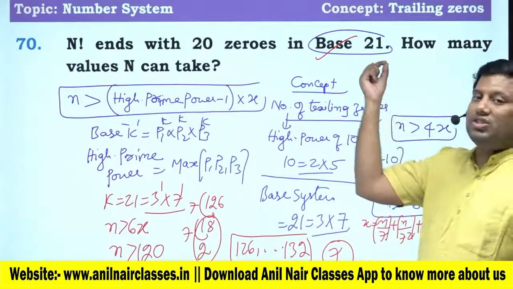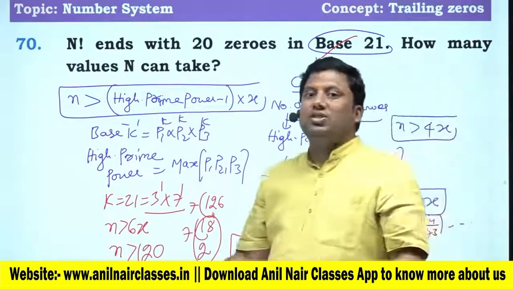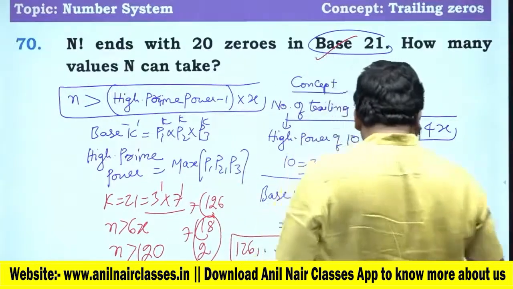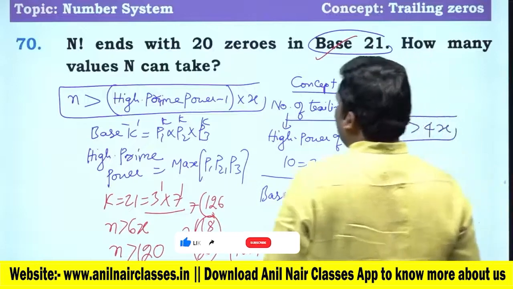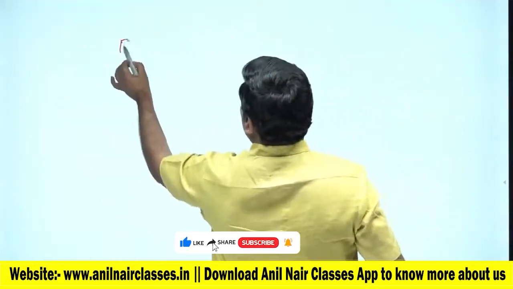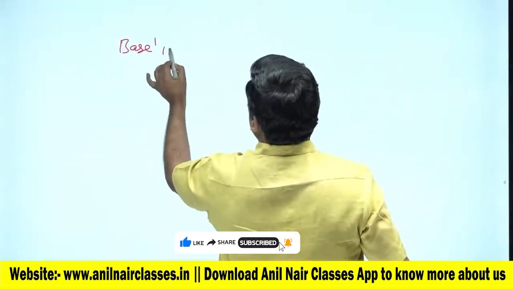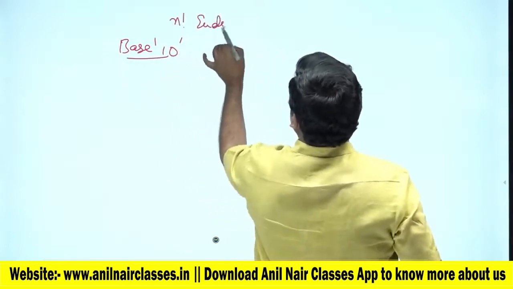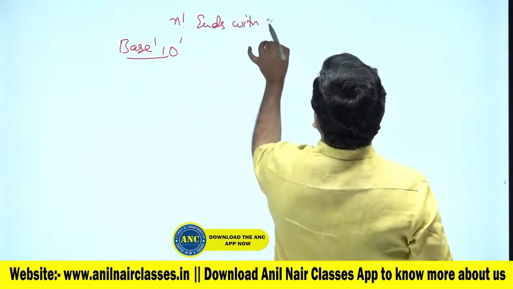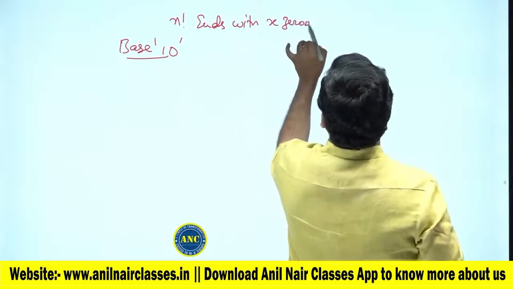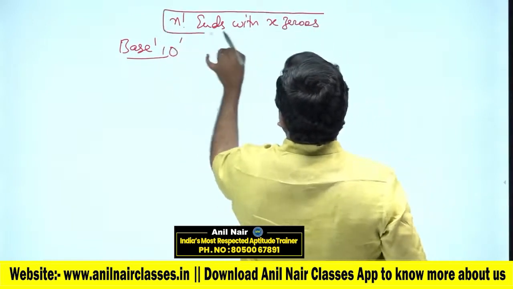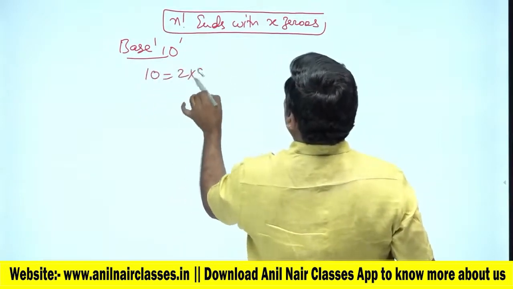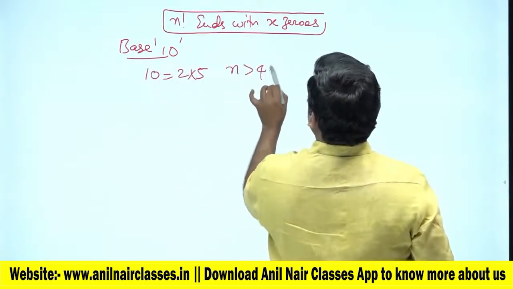So in base system 21, the relationship is n is greater than 6x. Now see here, in base system 10, n factorial ends with x zeros. 10 is 2 into 5, so n is greater than 4x.